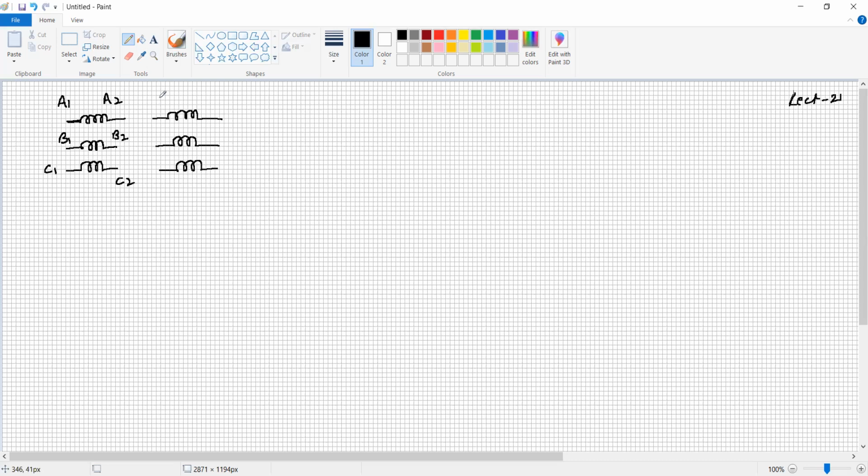Similarly, A1, B1, C1 and A2, B2, C2. And the dot convention is like that. These are the similar polarities, A1, B1, C1.